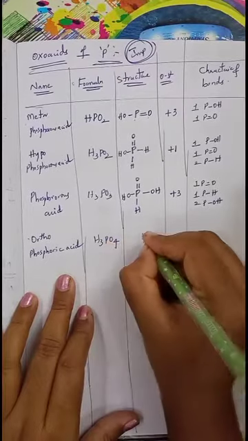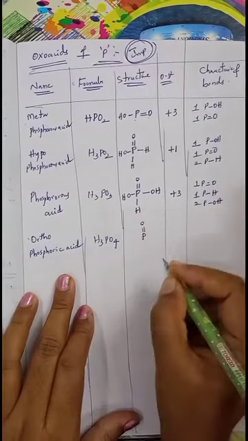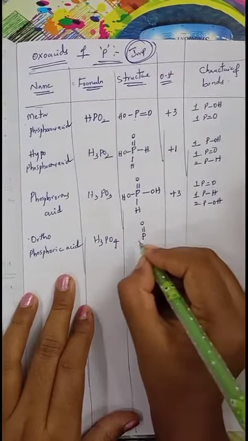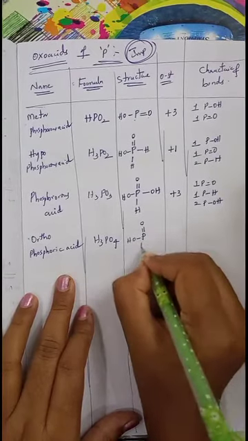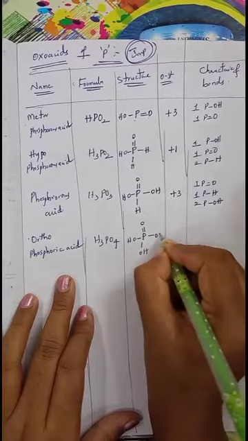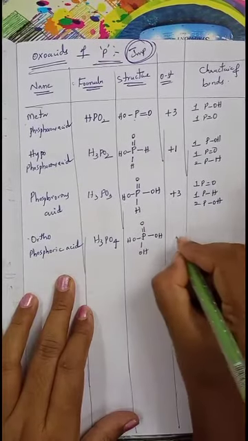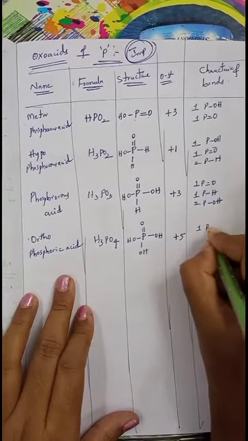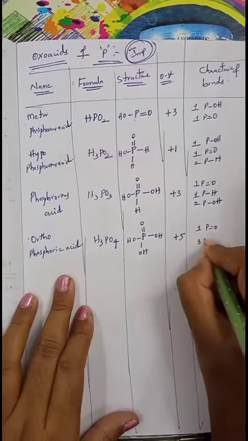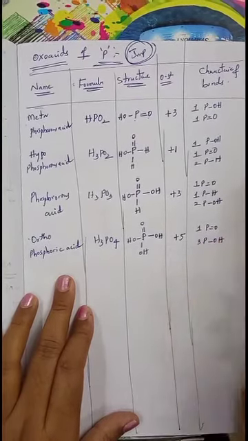Among 4 oxygens, as we know, 1 oxygen will make a double bond with phosphorus and still 3 more oxygens are there. They combined with hydrogen make 3 OH bonds with the phosphorus. Oxidation state is +5. Number of bonds: 1 P=O bond and 3 P-OH bonds.